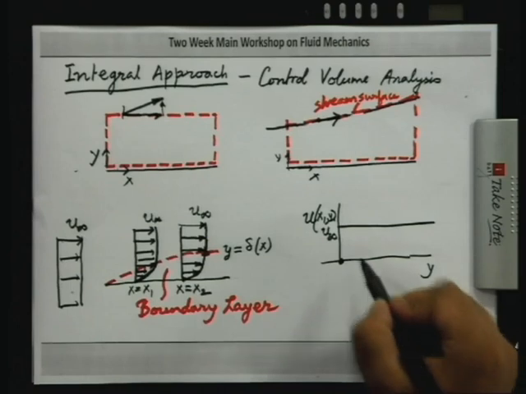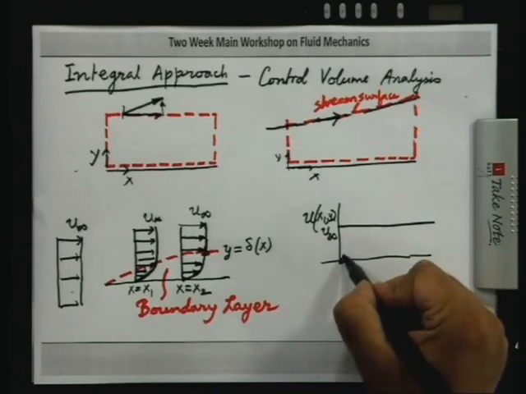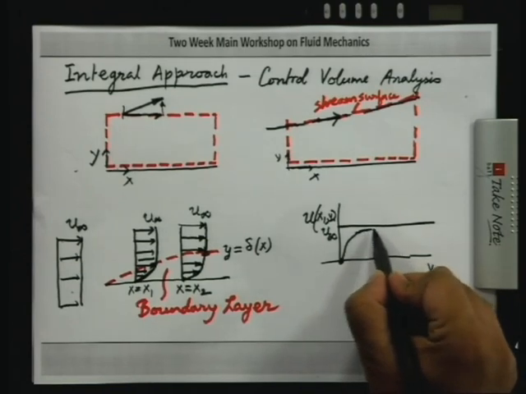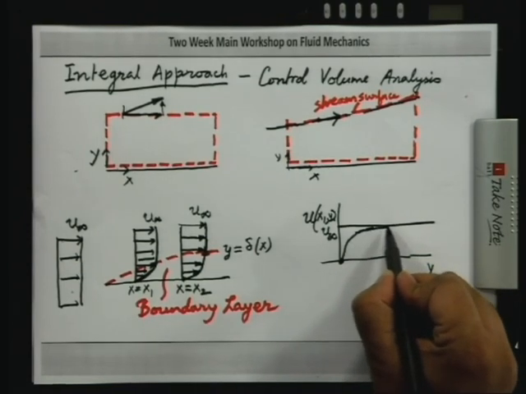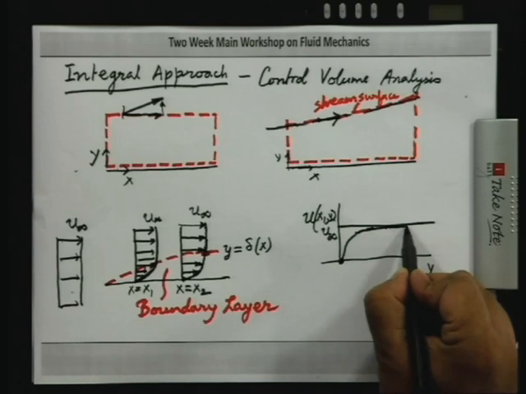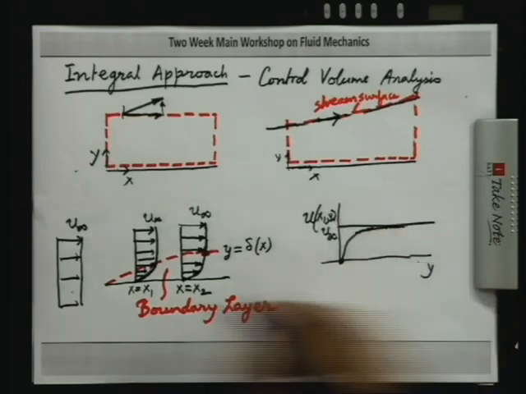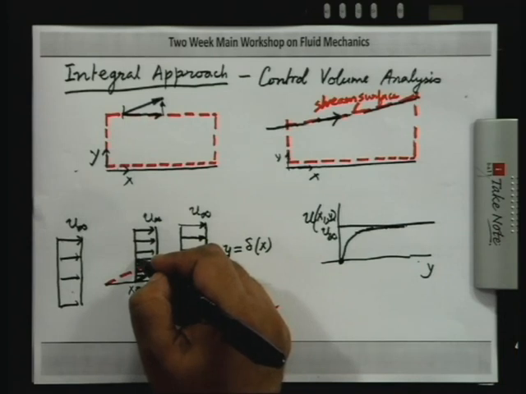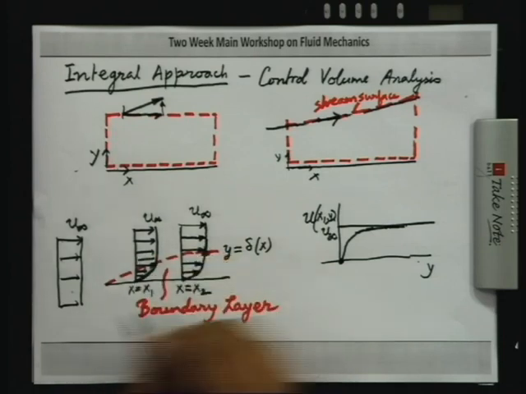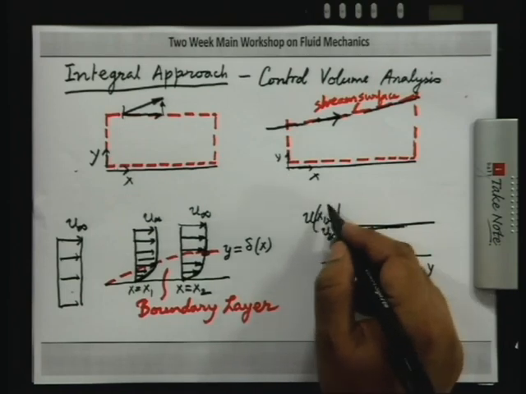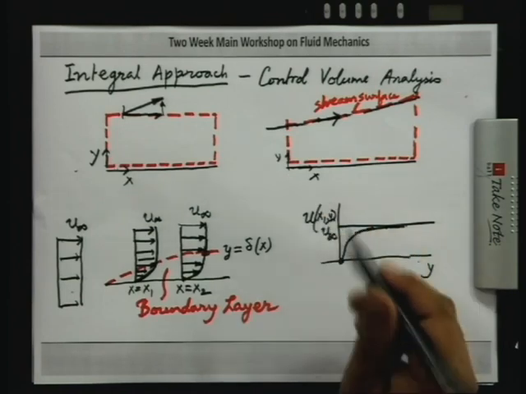The velocity is 0 at the wall, it increases, and then the velocity gradient decreases, and it will approach u infinity slowly. So, here I have plotted u versus y, whereas here I have indicated the plate, and actually we are plotting y versus u, that is on the vertical axis you have y and the horizontal axis you have u, but you are used to thinking in terms of graphs where the dependent variable is shown in the vertical axis.